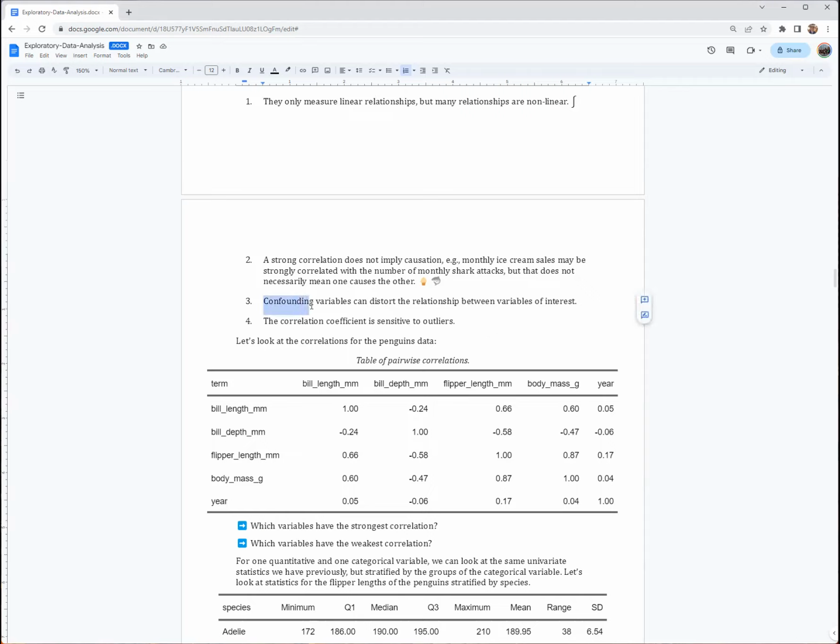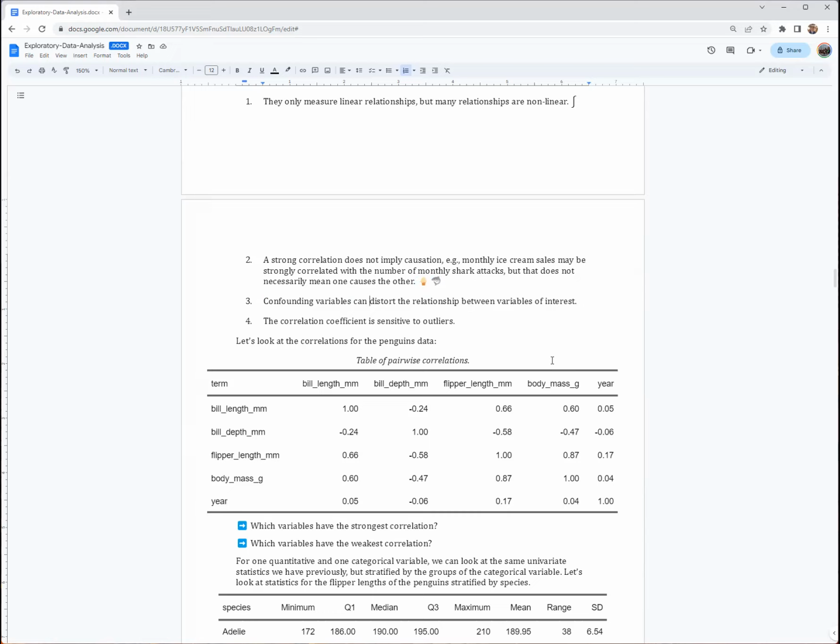This is due to what we'd call confounding variables. In this example with ice cream sales and shark attacks, there is a confounding variable, an additional variable that's distorting the relationship between the ones that we're analyzing. In this case, it is temperature.